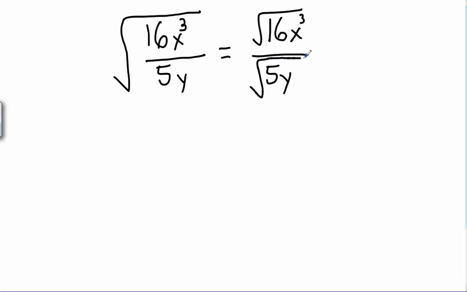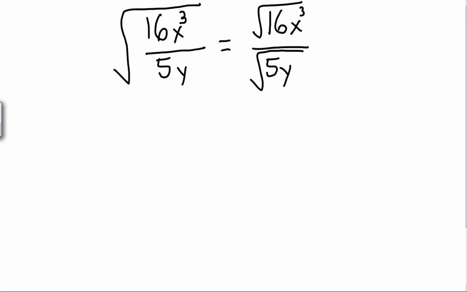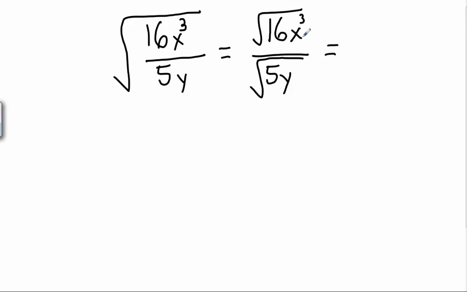Okay? I can already tell this one's going to be messy, but it's going to be fun. So square root of 16x to the third is 16, or I already lied. It is 4x square root of x over square root of 5y. Okay?